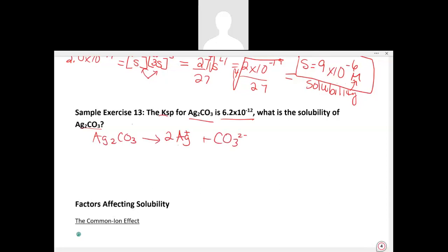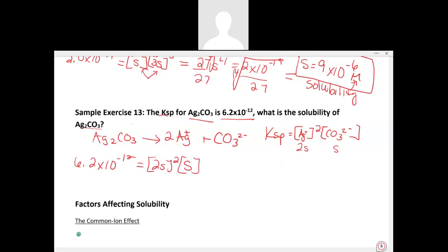When we ionize here, my KSP expression will then be silver squared times carbonate to the 1st power. Then we're going to remember to use that coefficient twice when we set our KSP equal to my 2S and S. So I'm going to plug in 2S squared, and then S for my concentration of carbonate.